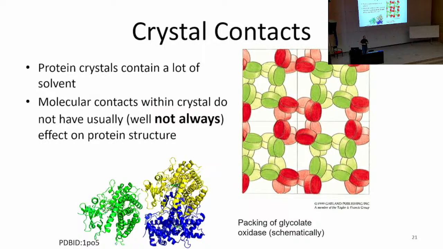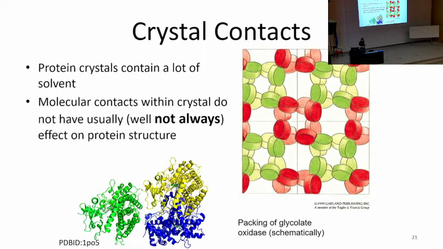So in order to generate benchmarks for protein-protein interaction, it has to be checked whether this might be just crystal contacts, which are artificial. And unfortunately, sometimes it ruins the structure.